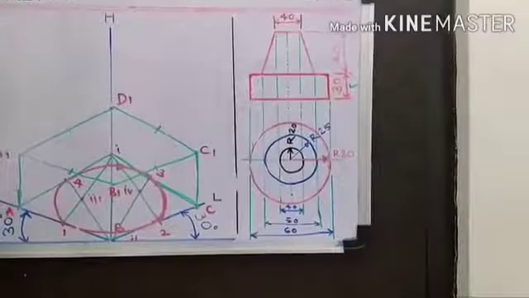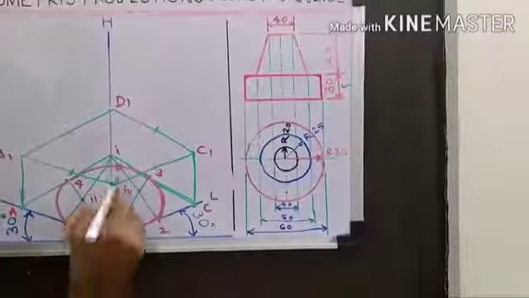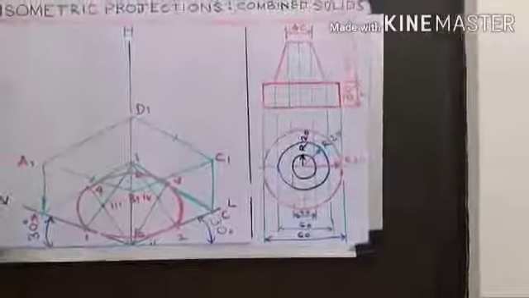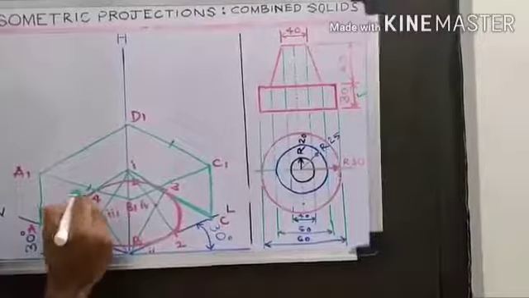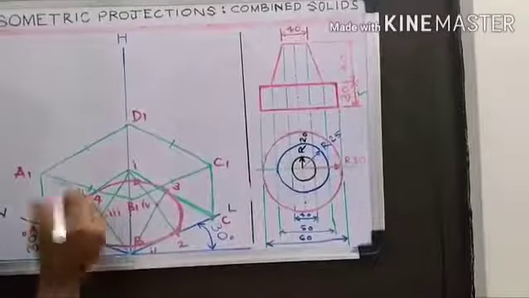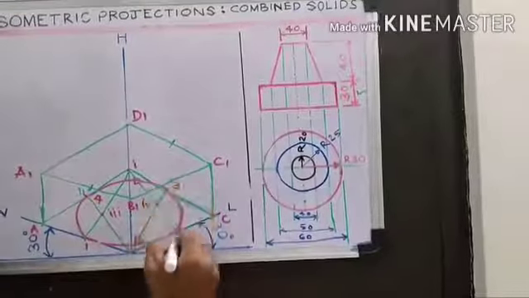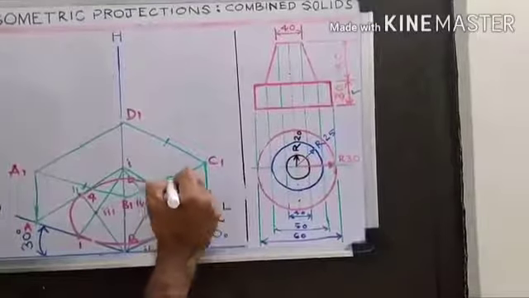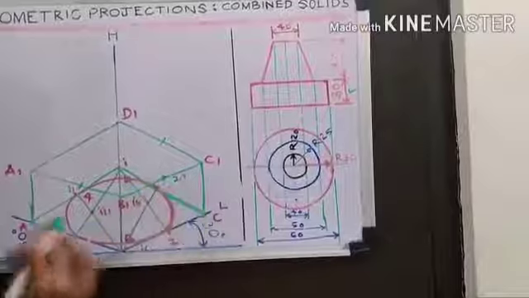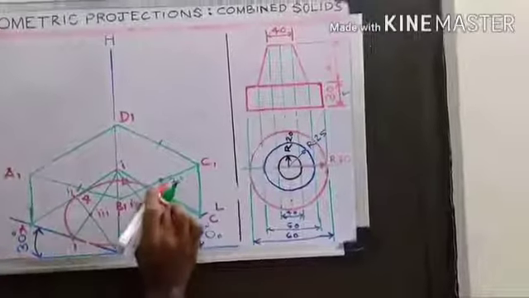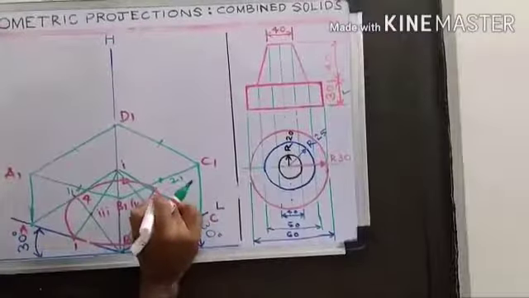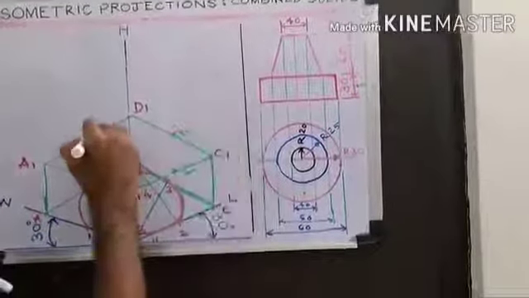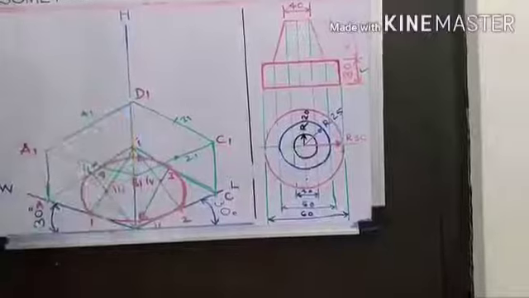Now similarly you have to join these lines: 1 suffix 1, 2 suffix 1, 3 suffix 1, 4 suffix 1.